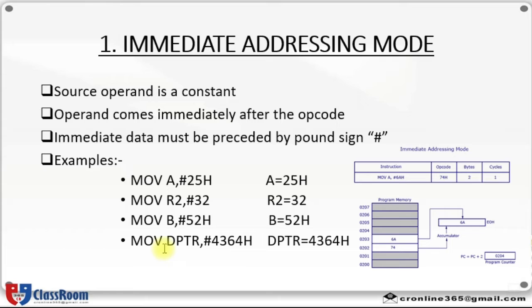So it can be accessed in this manner: MOV DPL, #64H and MOV DPH, #43H. Immediate addressing mode can be easily identified by this pound sign. If this pound sign is found, you can directly copy this value into any of these registers.